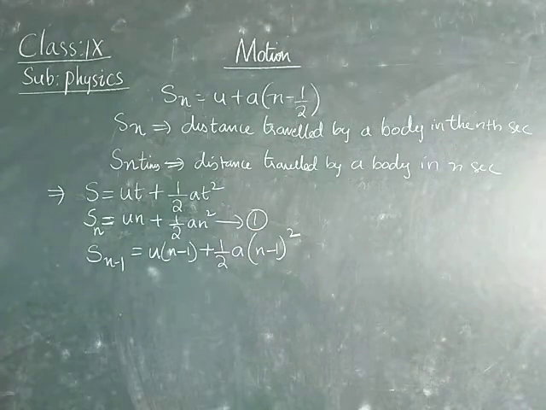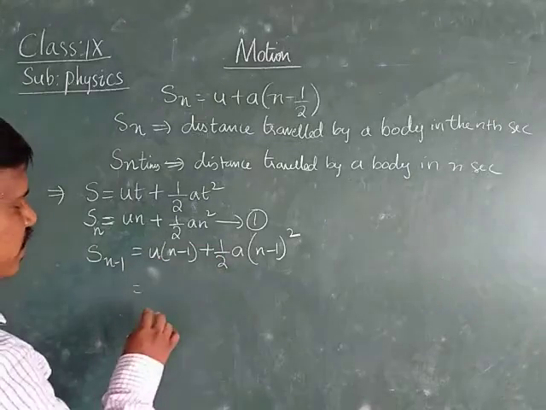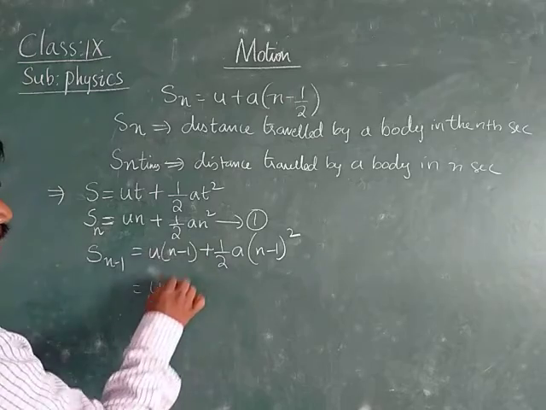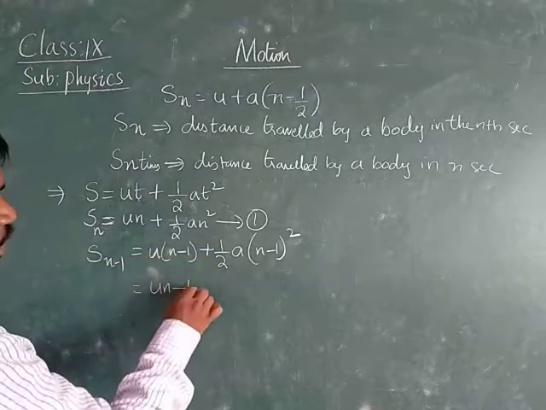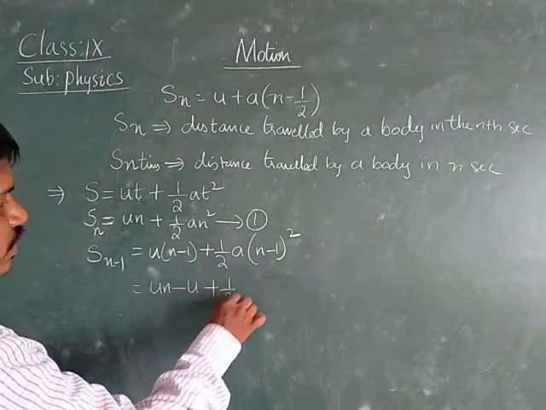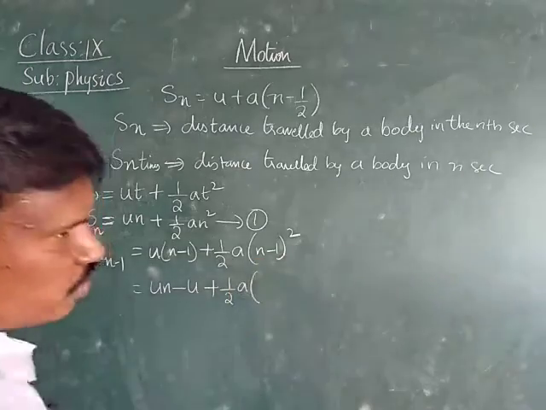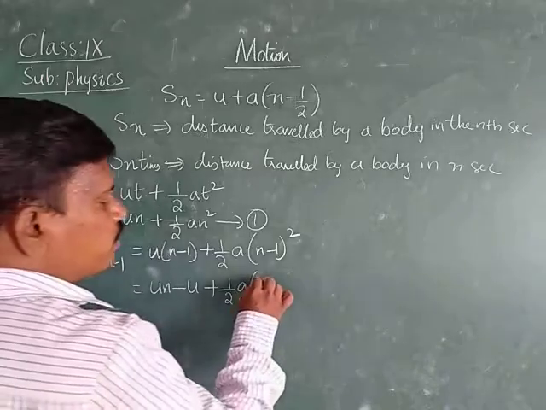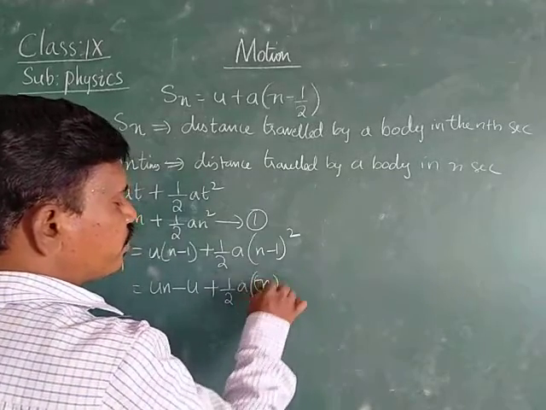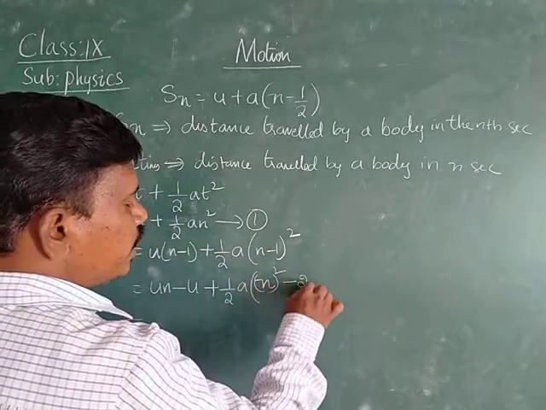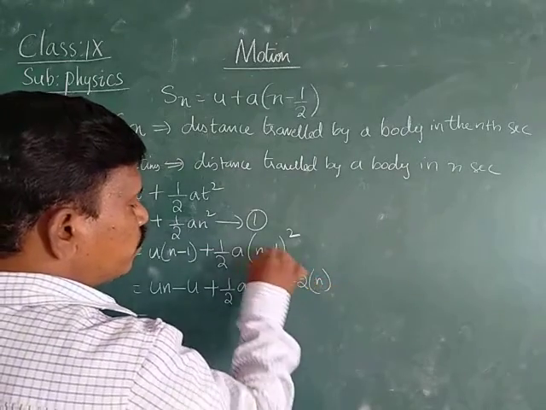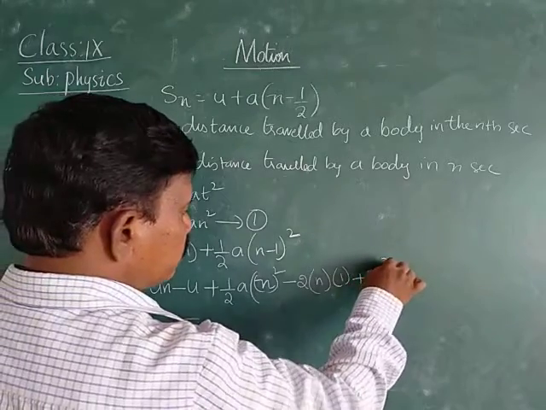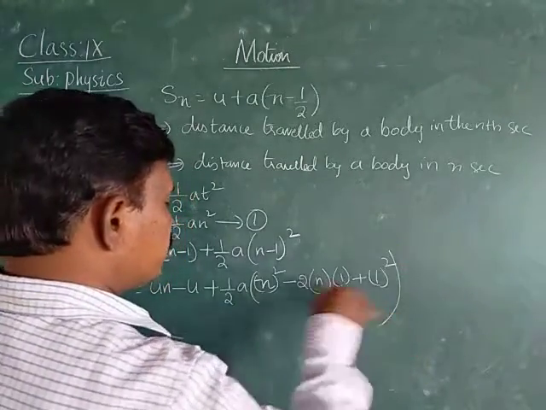Okay. Now look here. Just simplify this one. u into n, un, minus u into 1, u, plus ½a into (n − 1) whole squared. Okay, (a − b) whole squared is a² − 2ab + b².